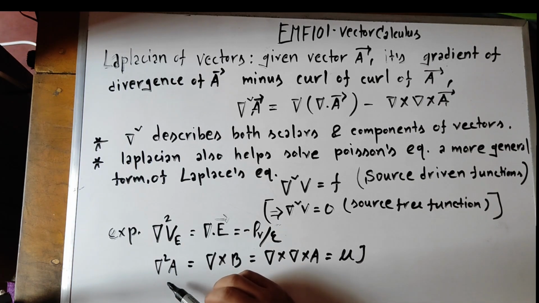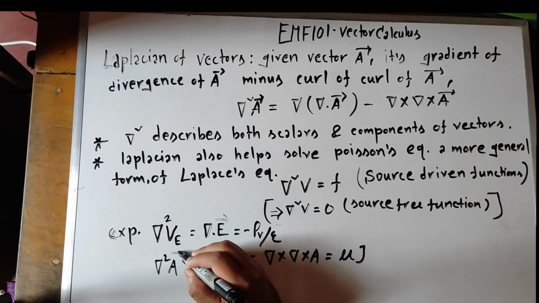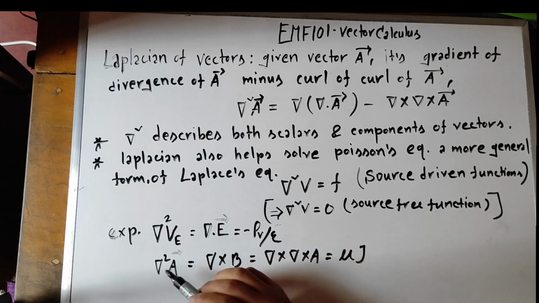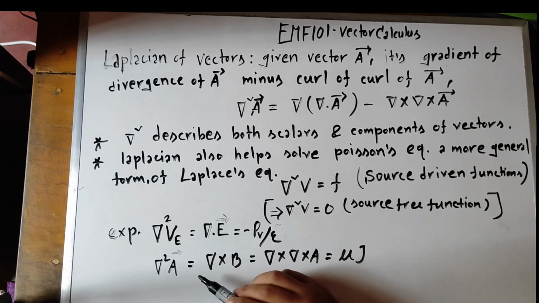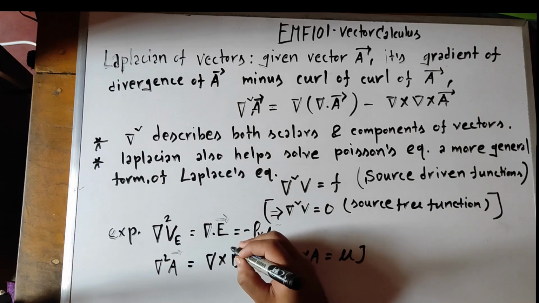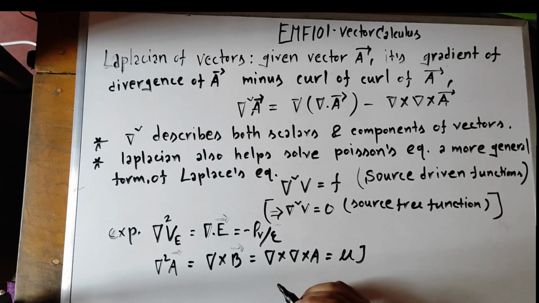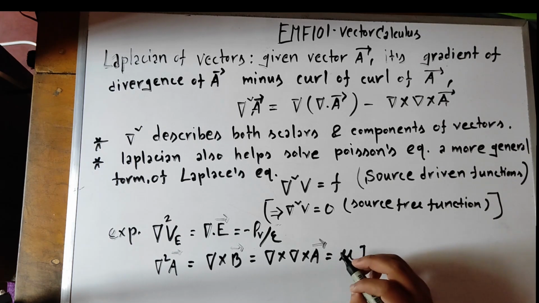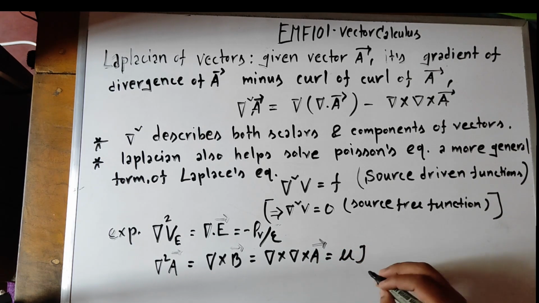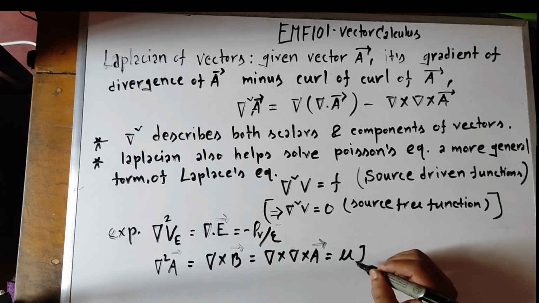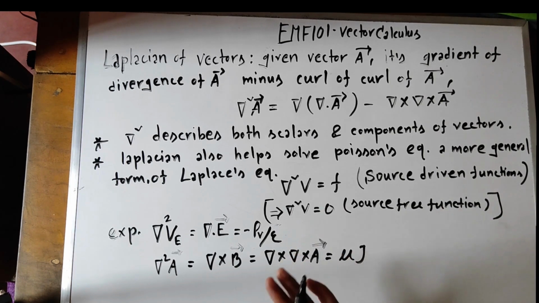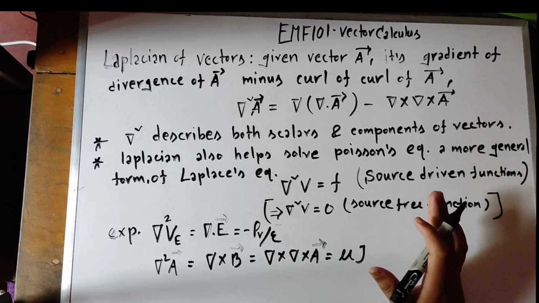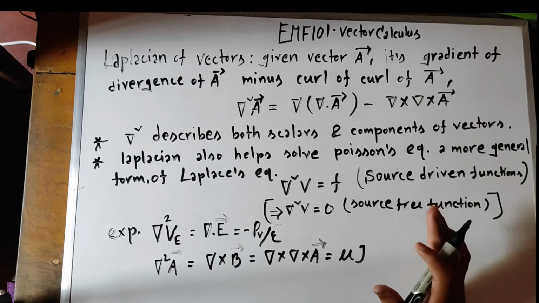And the Laplacian operator on vector A, where A is the magnetic vector potential, equals mu J, where B is magnetic flux density, which equals curl of vector A. J is current density and mu is permeability. This is almost all about the Laplacian of vectors and scalars.